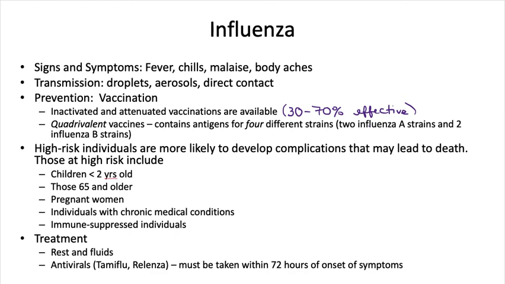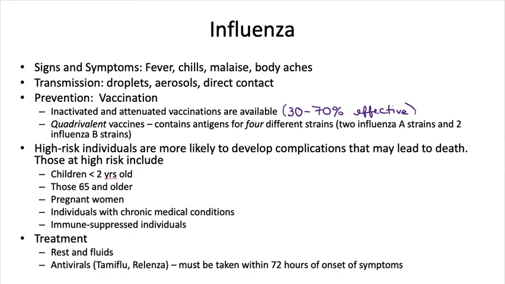The more people that are vaccinated, the fewer people that will spread the infection to high-risk individuals. And high-risk individuals are more likely to develop complications that could lead to death. And complications will be fluid in the lungs, pneumonia, and these are the types of complications that will result in death.